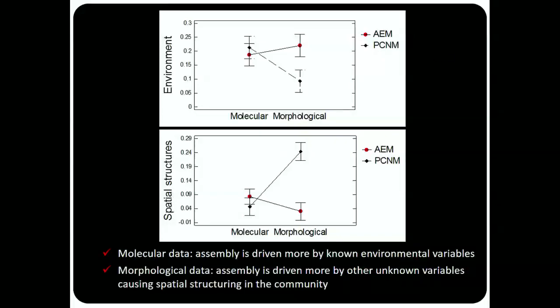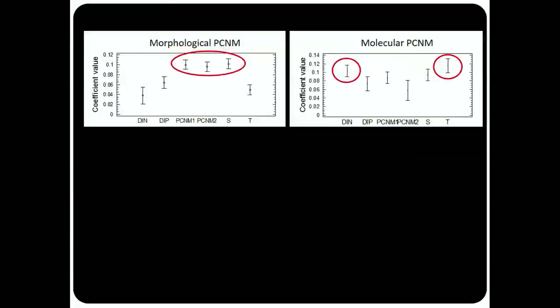And we also see that in the morphological data, the environment is less important, whereas spatial structures that we didn't really account for are more important. And more particularly, in the morphological data, we see two spatial structures, namely these PCNM1 and PCNM2 variables. One is fine scale, one is broad scale, and also the role of salinity being quite important, as seen by their coefficient values.